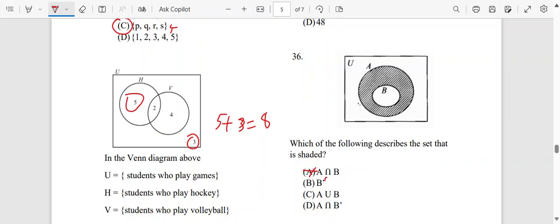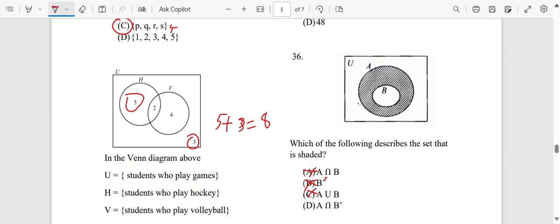So it says B complement, right? It cannot be B complement, because remember, B complement is whatever is not in B. And in this case, whatever is in A, being that B is right there, is going to be a part of B. So it's definitely not this. Is it union?